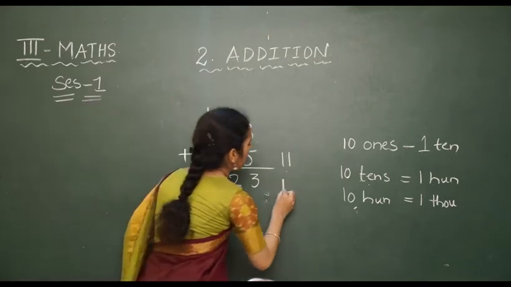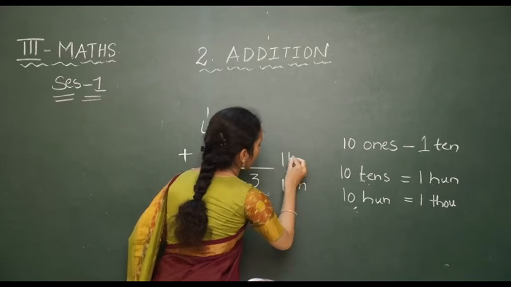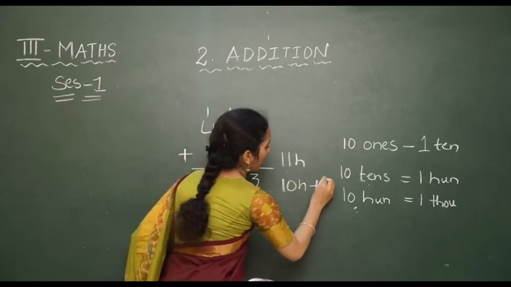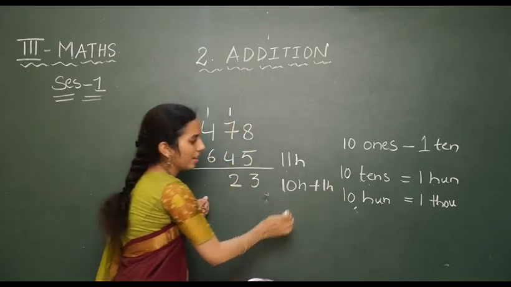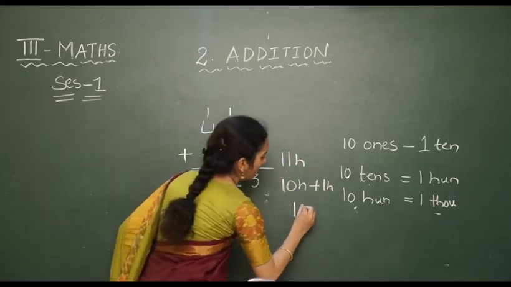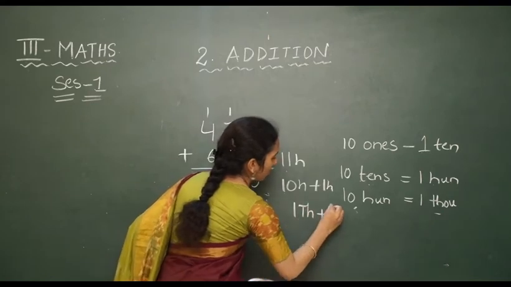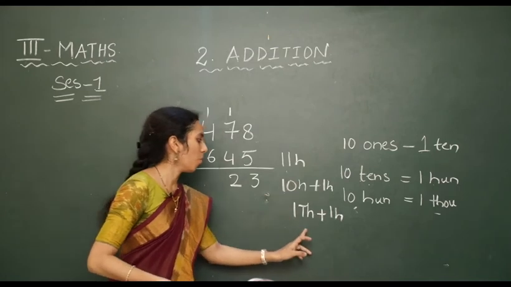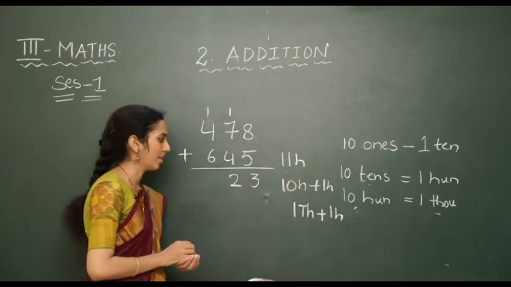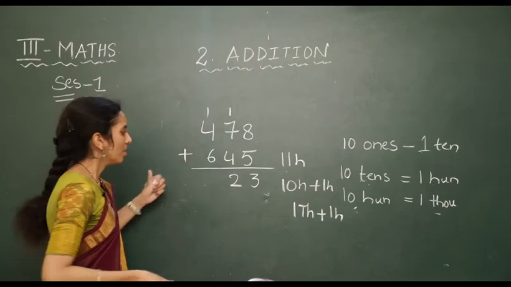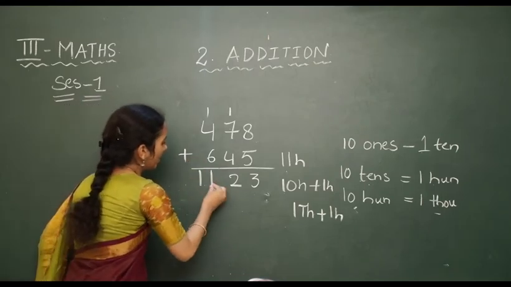So 11 hundreds is 10 hundreds plus 100. 10 hundreds is nothing but 1000. So 11 hundreds are nothing but 1000 plus 100. As we don't have any other digit to carry it, we directly write 11 here.